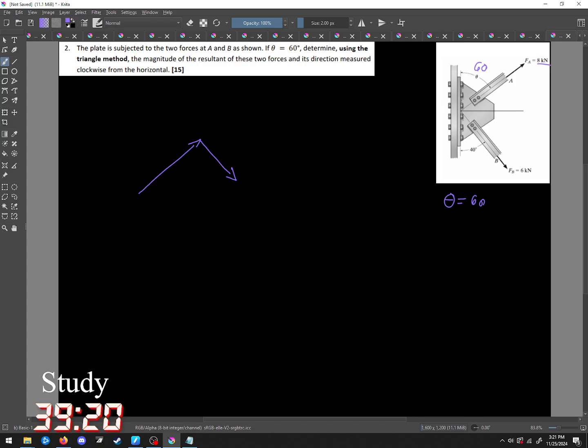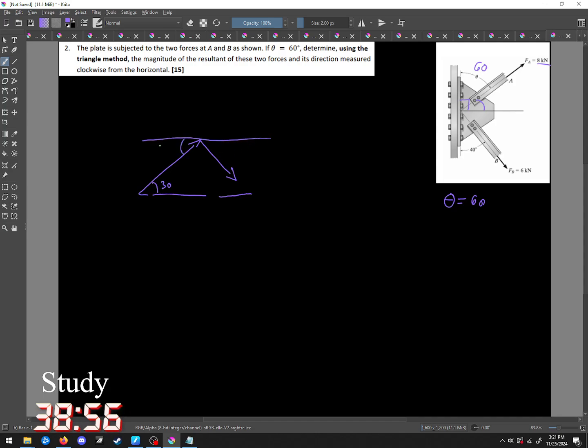Since we know that this forms a 90-degree angle and that this was 60, we can find that this angle here is 90 minus 60, which is 30. We've got an angle here of 30 degrees.